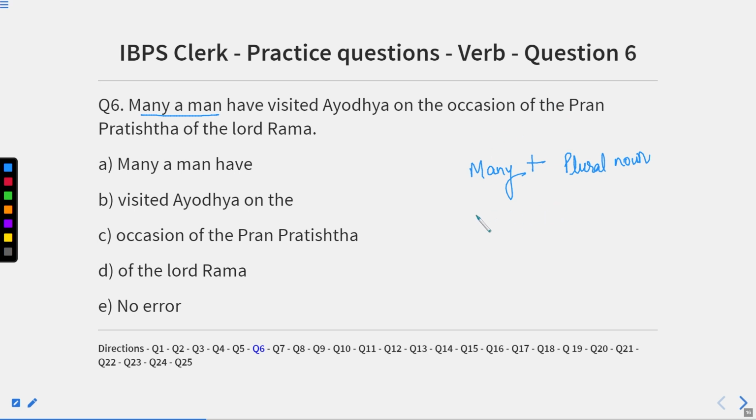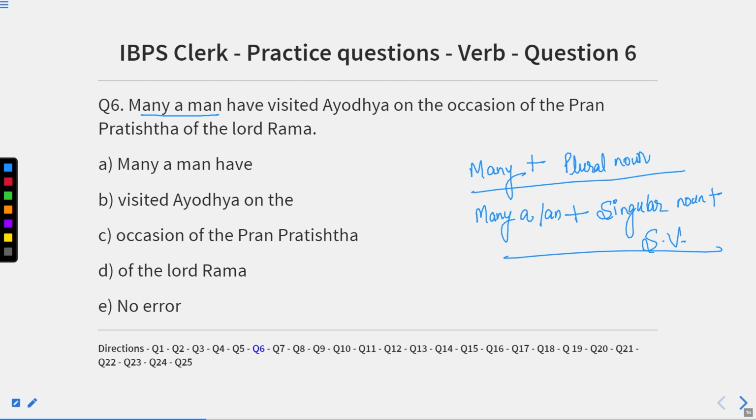But if we have the structure "many a" or "many an", it should be followed by only a singular noun, as well as the singular form of the verb. This is the most important concept. Whenever we have "many", it should be followed by a plural noun and a plural form of the verb.